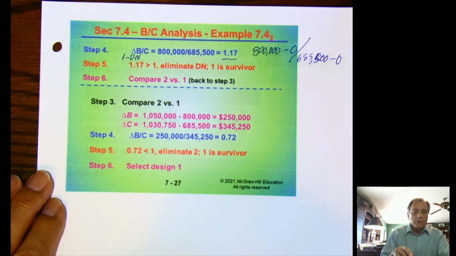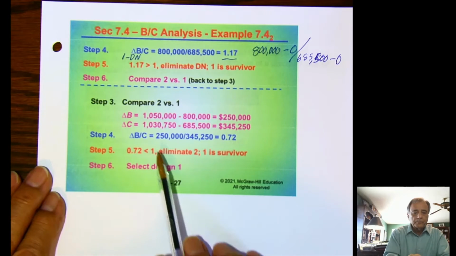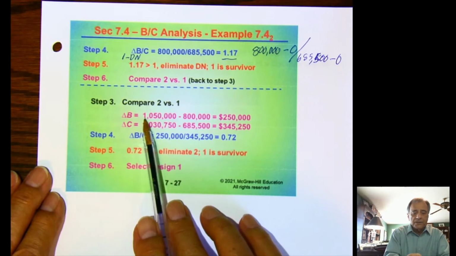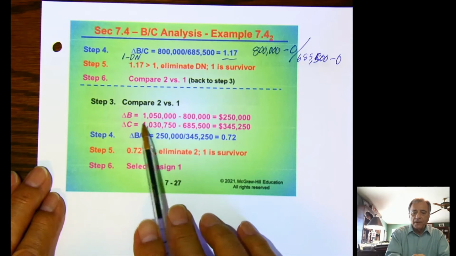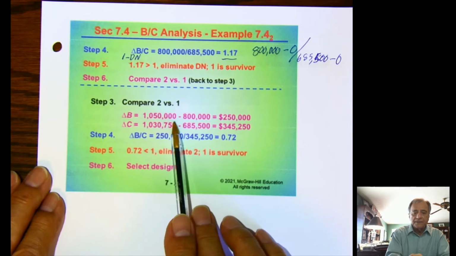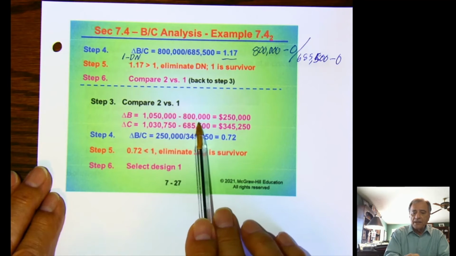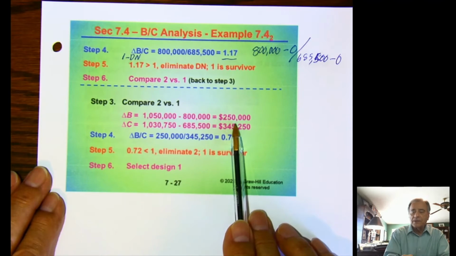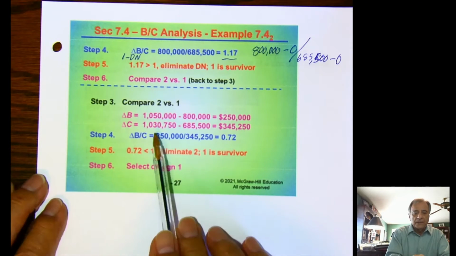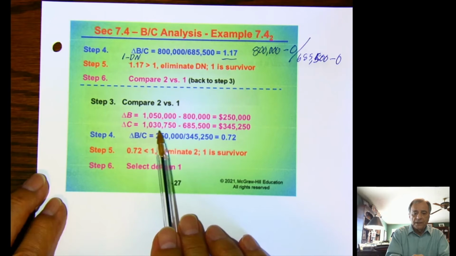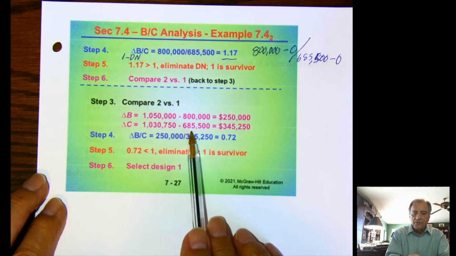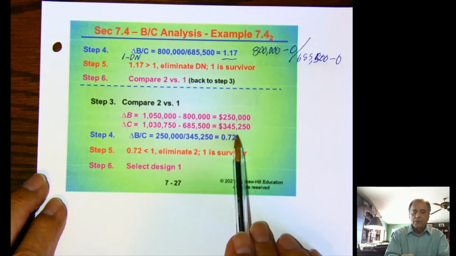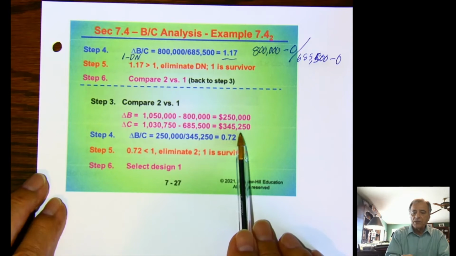When we do that, the difference in benefits: 2 has a benefit of $1,050,000, 1 has a benefit of $800,000. So the delta benefits is $250,000. The delta cost is $1,030,750 minus $685,500, which gives me $345,250.